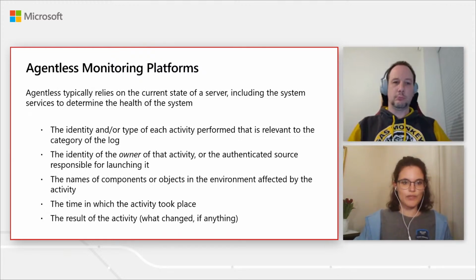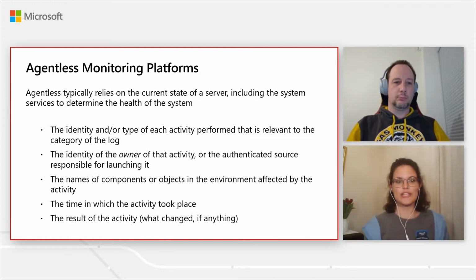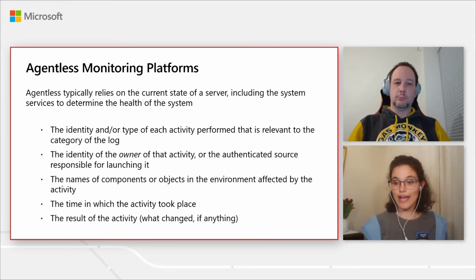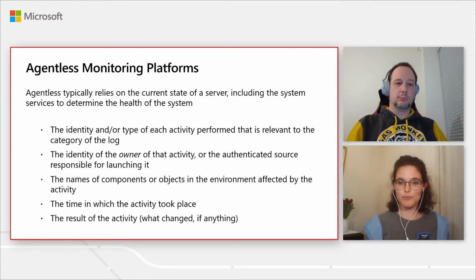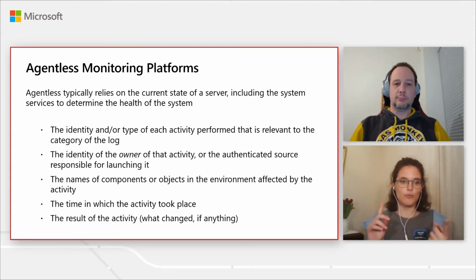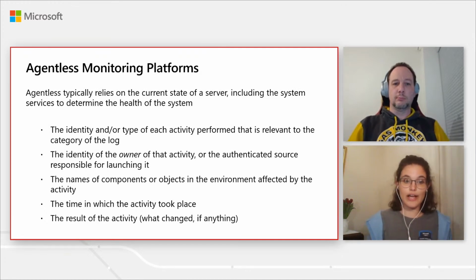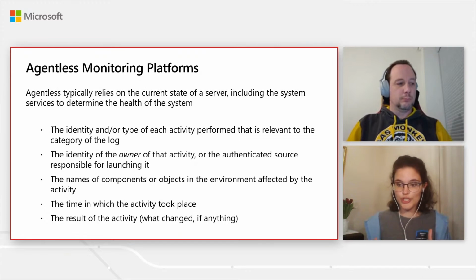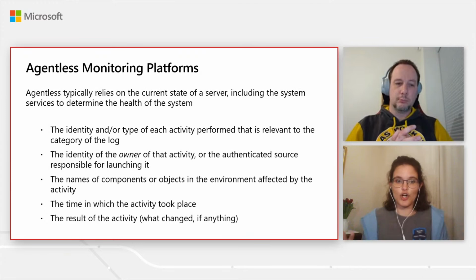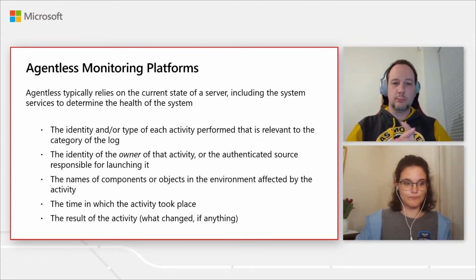To take it to an even more detailed level, agentless monitoring platforms provide insights on the performed activity, identity information, information about the involved component or object, the timestamp when the activity took place, and the outcome of the activity.